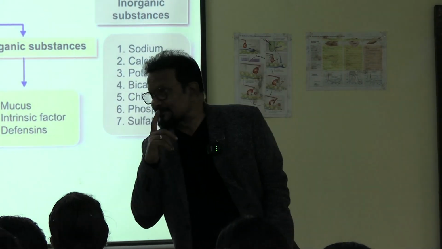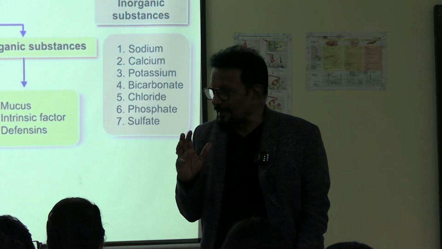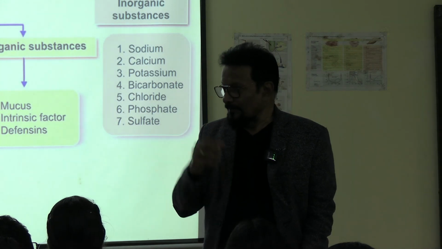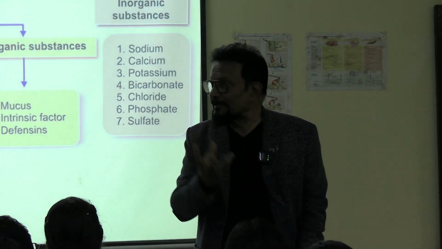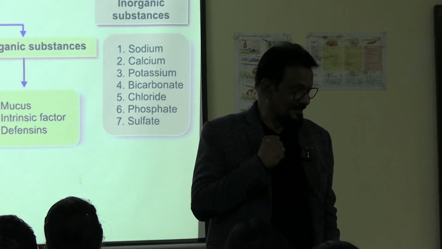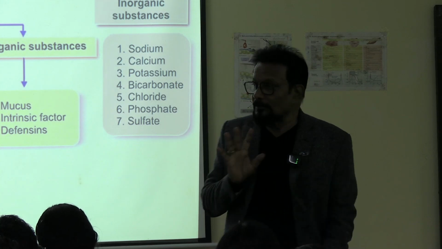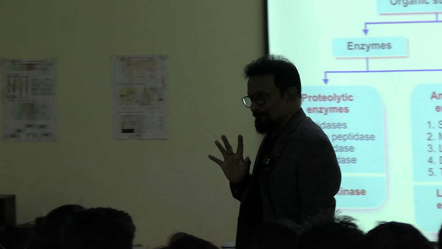So those who are vegetarians, if they think they will survive nicely only eating vegetables, it is not possible unless you take milk along with it. Then you will get all the essential amino acids and will not have any deficiency.